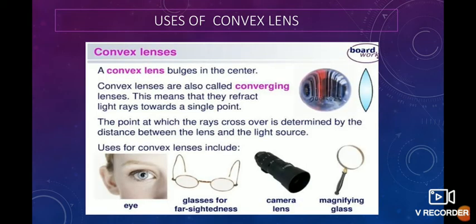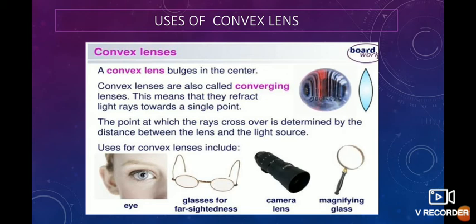So what are the convex lenses useful for? As I already told you, the convex lens converges the light. What happens to the light that passes through it? It tries to gather at one point. That is why we call these lenses converging lenses. They are usually used in the magnifying glass.